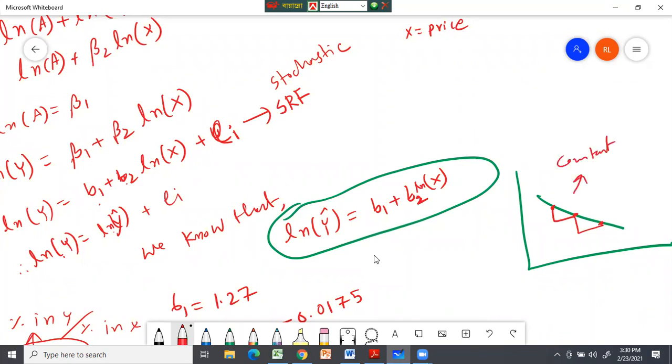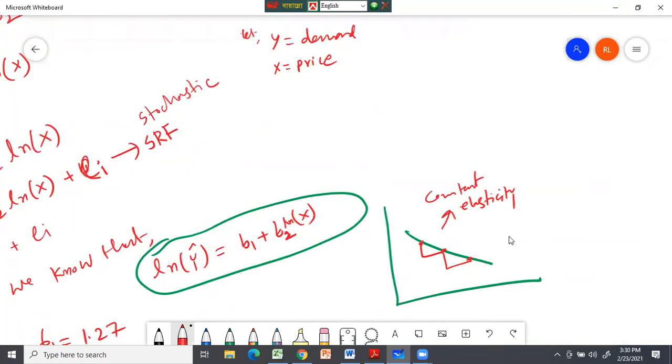And this is known as the constant elasticity slope coefficient. That is why we have to reconstruct the earlier model y equal to a x to the power minus beta 2 using the log form on both sides, so that it would be a straight line and its slope coefficient will remain constant in the form of elasticity.